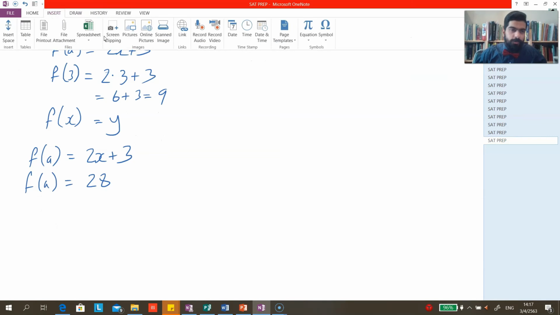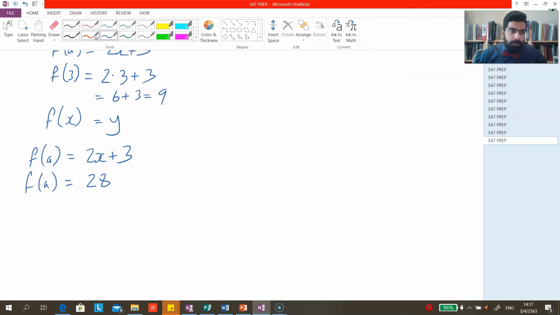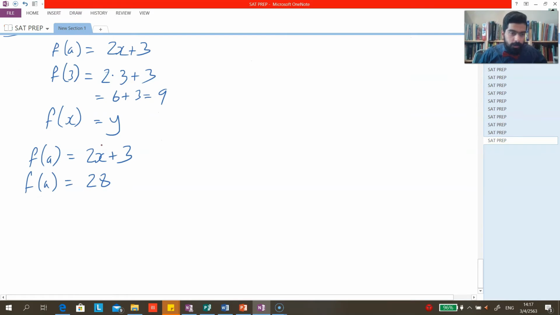So what do we know? We know that f of a is equal to y. Therefore 2x plus 3 would be equal to 28, since this has only one variable, right guys?